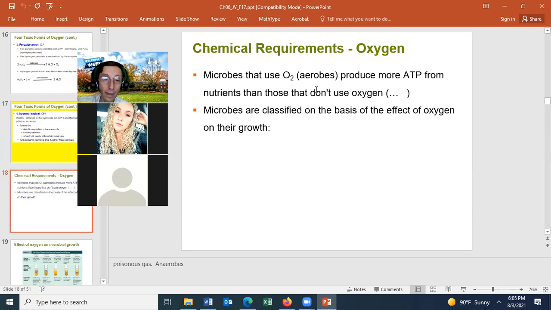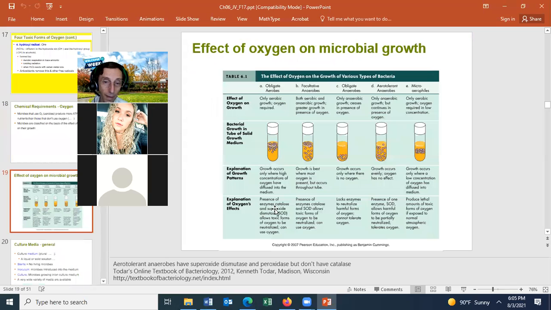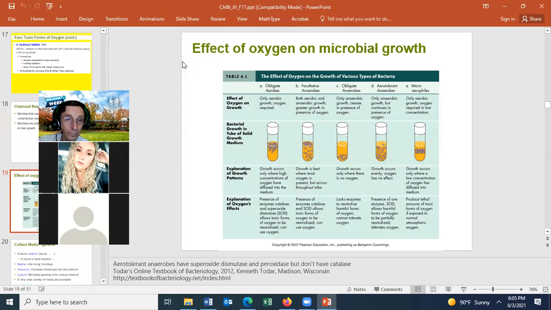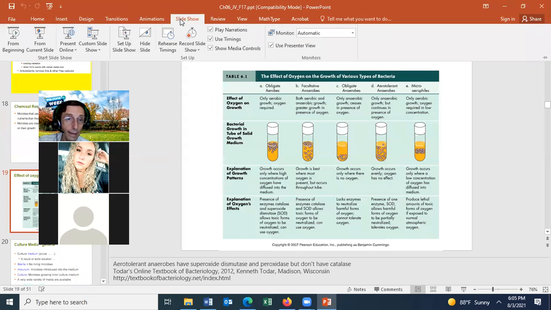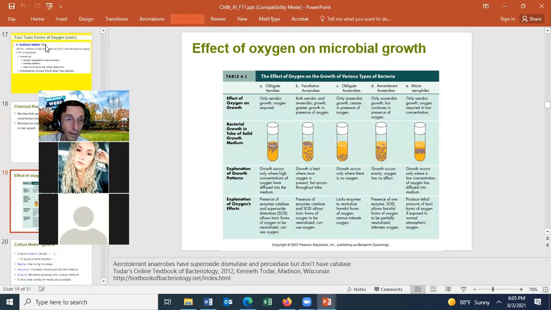We can look at the requirements of oxygen by growing the cells in a media where it has different oxygen in the media. And the media I'm talking about is thioglycolate. Here we're seeing a thioglycolate tube.